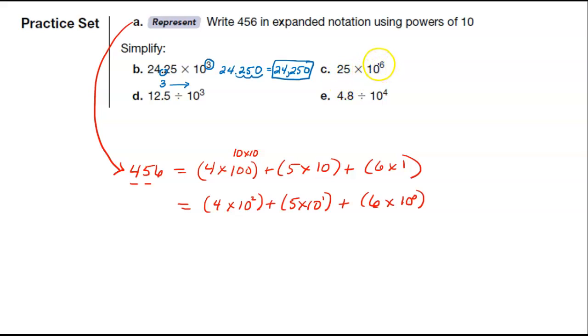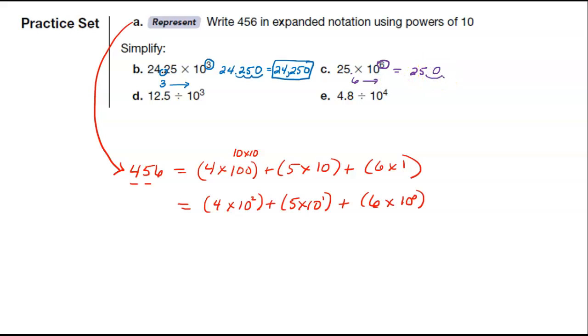Let's do another one. So this is 25 times 10 to the 6th, which means I'm going to take this, and this has an invisible decimal point right there. There's really nothing there. So I'm going to take my invisible decimal point, I'm going to move it 6 spaces this direction.